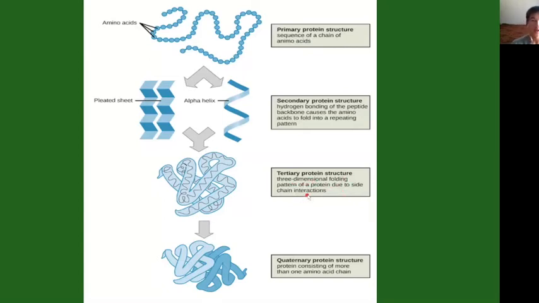Well, what does that mean? That just means, like I was saying, the amino acids are going to start folding and wrapping and turning in all sorts of ways, because the amino acids are going to have some attraction to each other based on their polarity, which just means, you know how opposites attract? So there's a positive and a negative.